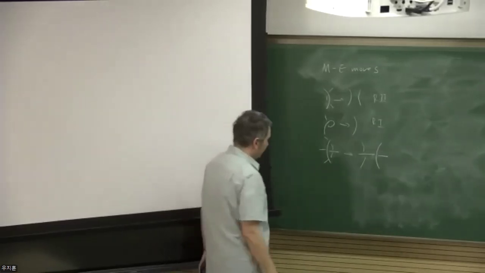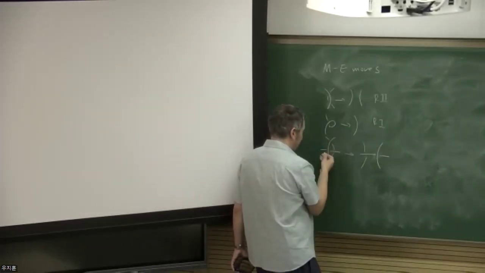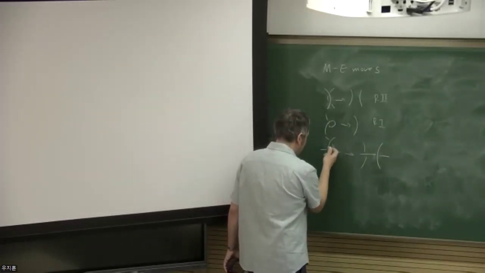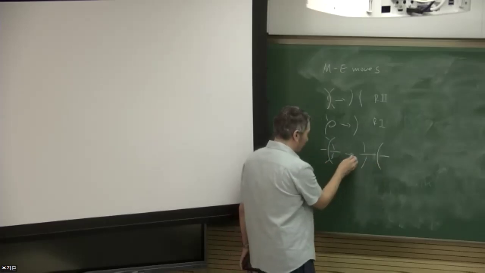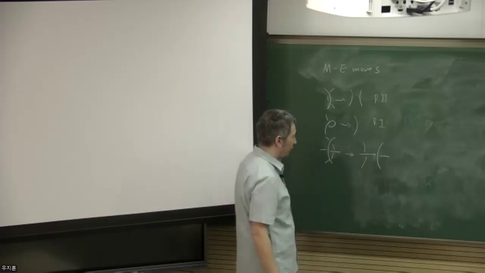Okay, so you can see if you have a diagram, a link with this fragment, then these two crossings can still be eliminated by pulling this on the other side, and you still have two fewer crossings.